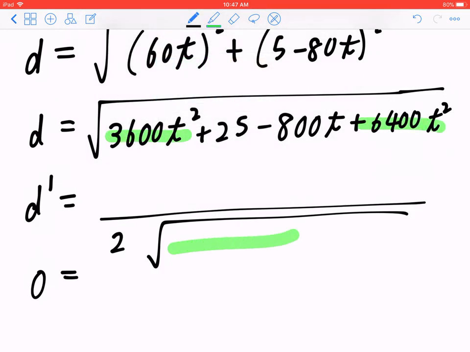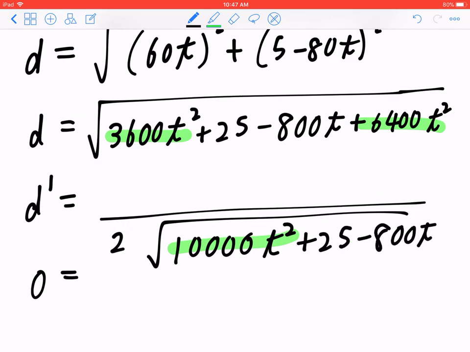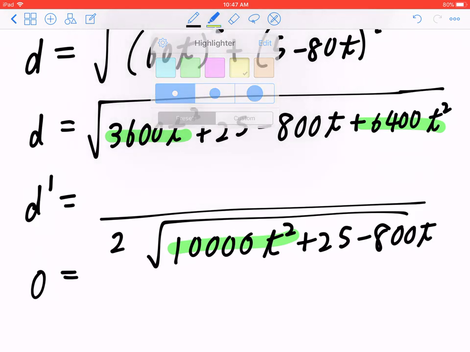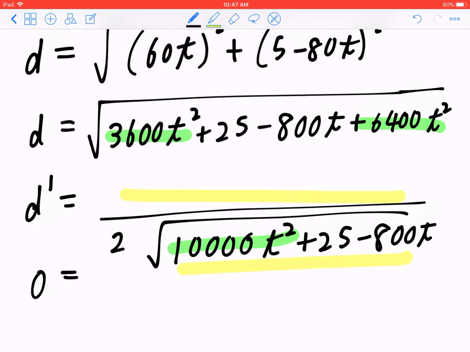So this will give you 10,000 t squared plus 25 minus 800t. And you multiply this by the derivative. So when you differentiate what's inside the square root, that's going to give you 20,000 t plus 0 minus 800.